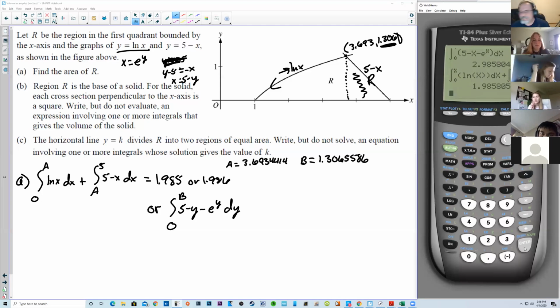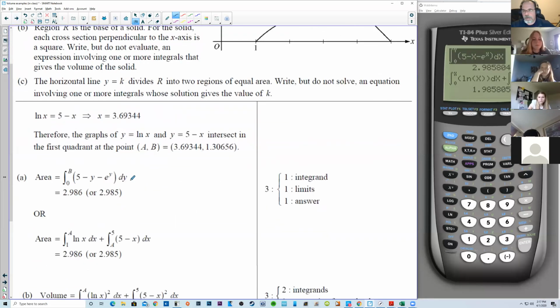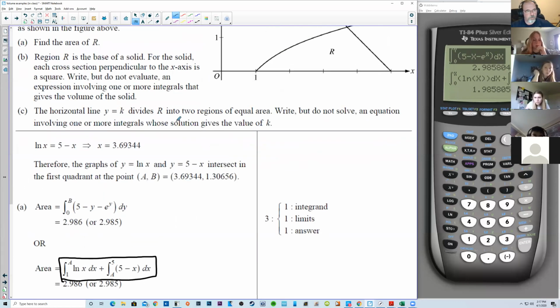Mr. Smith, I think looking at the answer key, it integrates from 1 to A, not 0 to A. What? I don't know, you guys. If I figure it out, I'll post a video saying which one is the right answer. 2.985. This one's the wrong one. 1 to A. That's exactly what I'm doing. 3.69344.